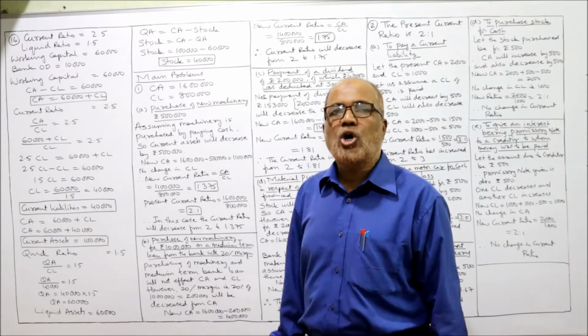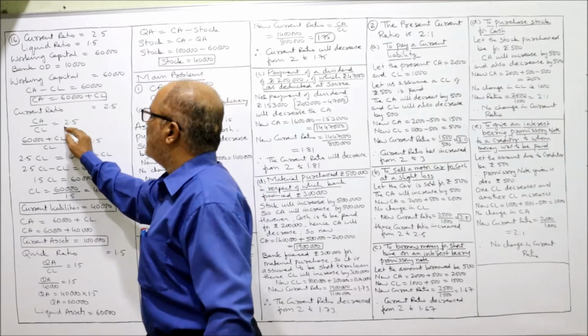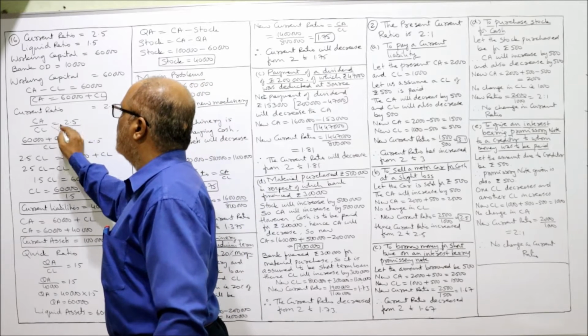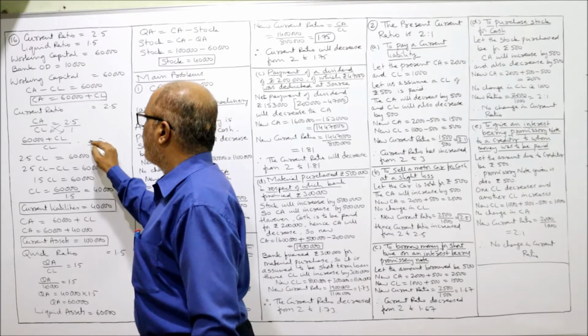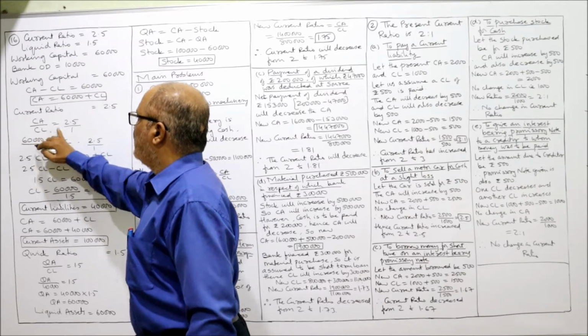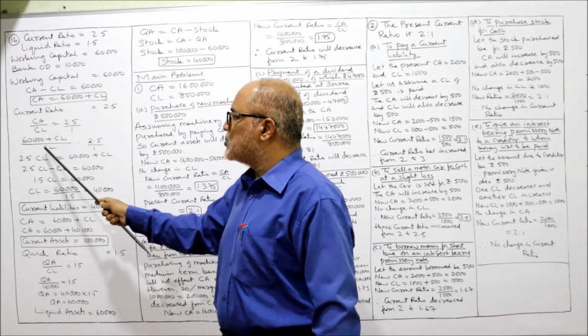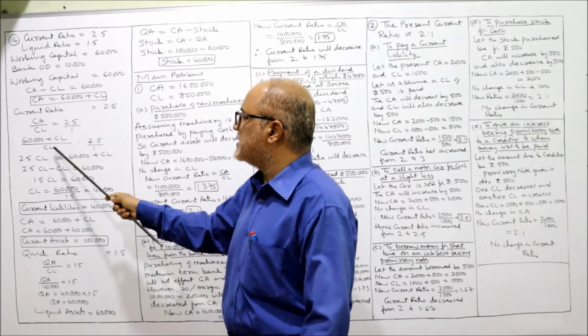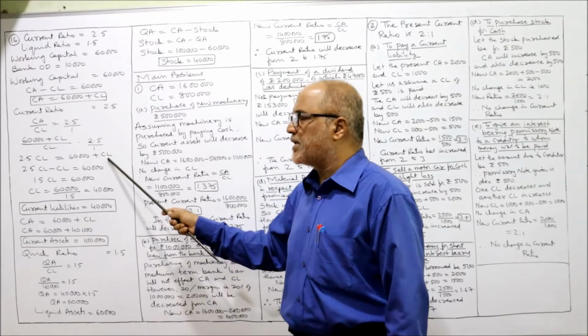Now here I can make the cross multiplication. Cross multiplication gives 2.5 into CL, which is 2.5 CL, equal to 60,000 plus CL into 1, that is 60,000 plus CL.